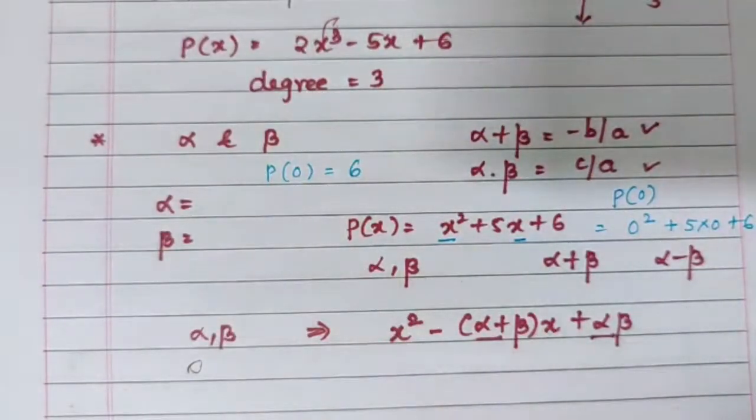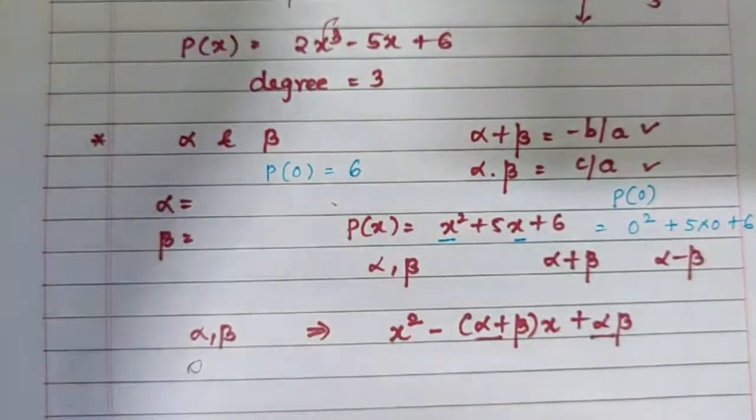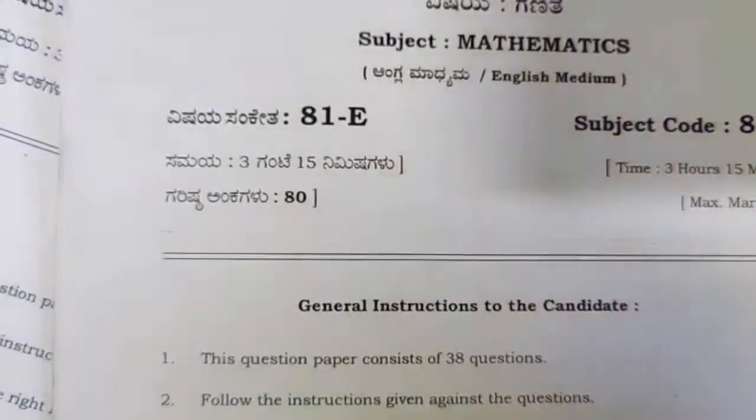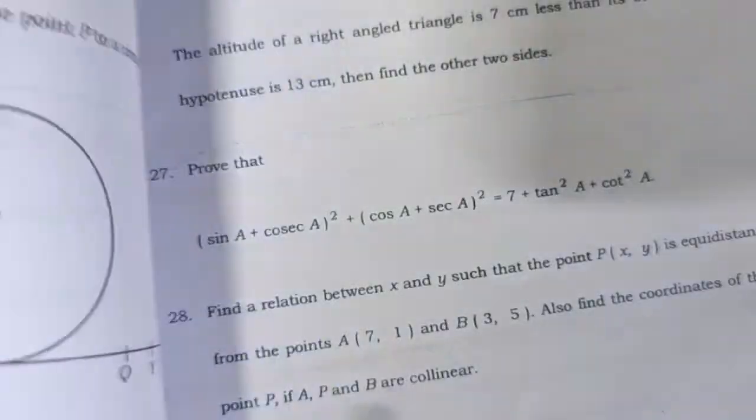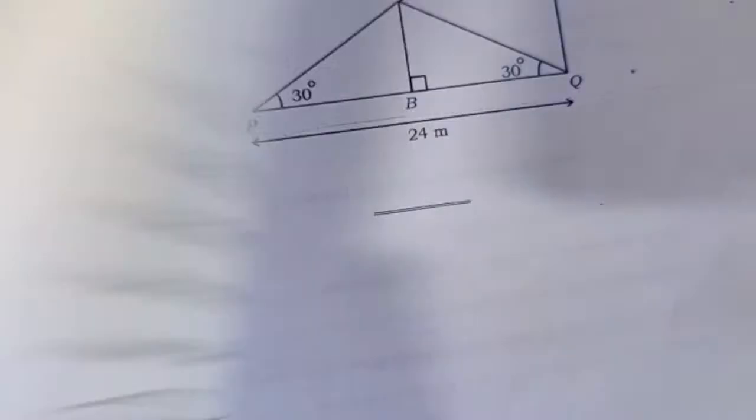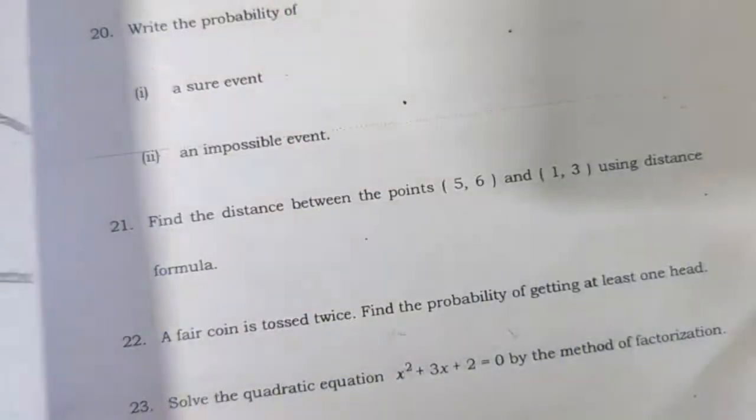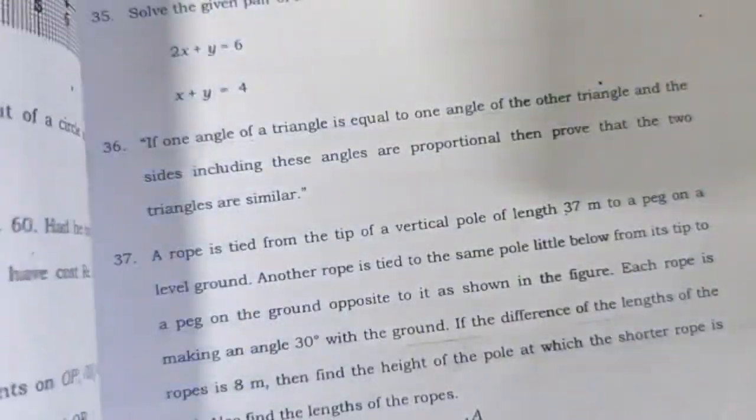So passing and scoring above 50 plus is very easy in mathematics. I wanted to tell about the model papers released by the SLC board. See, dear students, the SLC board has released 4 model papers. If you solve all these 4 model papers, definitely you can score good marks in the examination.